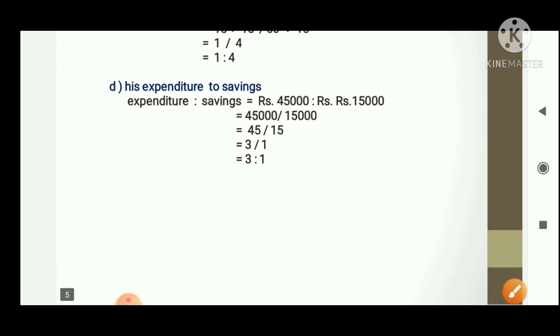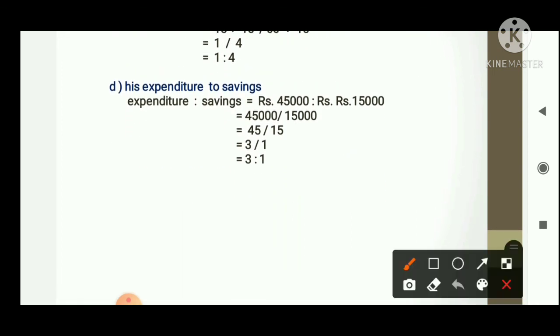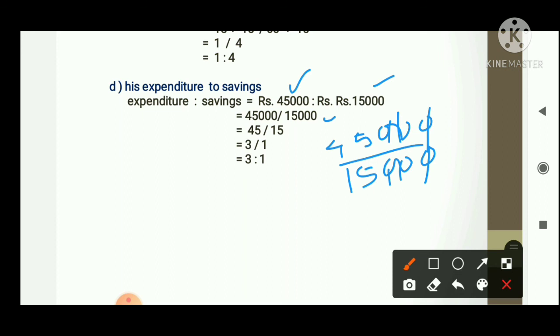Now last we have to find the ratio of his expenditure to saving. Here expenditure is 45,000 and saving is 15,000. So its ratio is rupees 45,000 to rupees 15,000. Now we express it as a fraction, 45,000 upon 15,000. So here the zeros cancel, remain 45 upon 15.